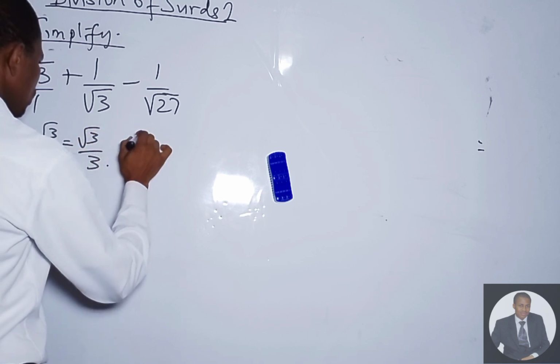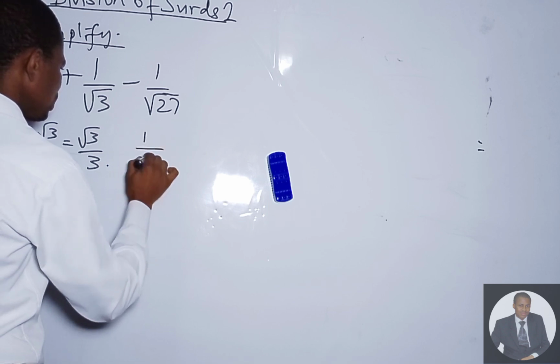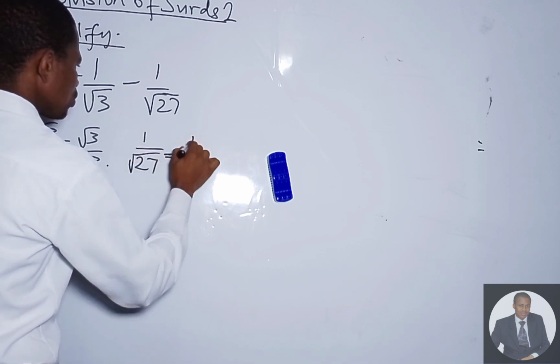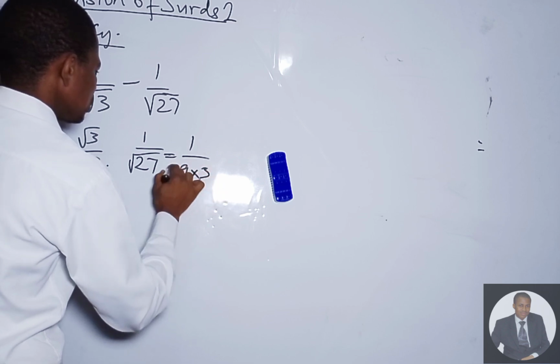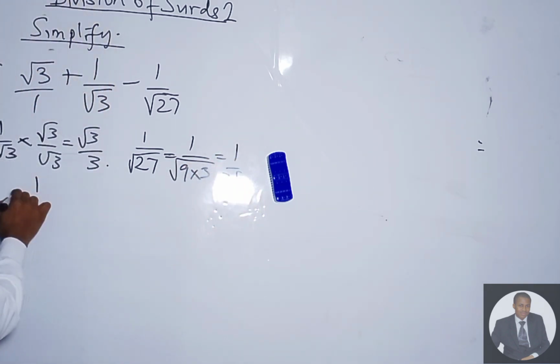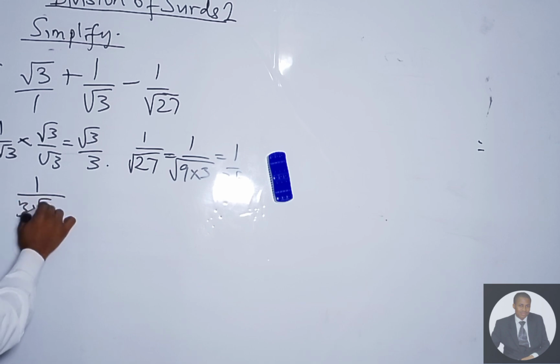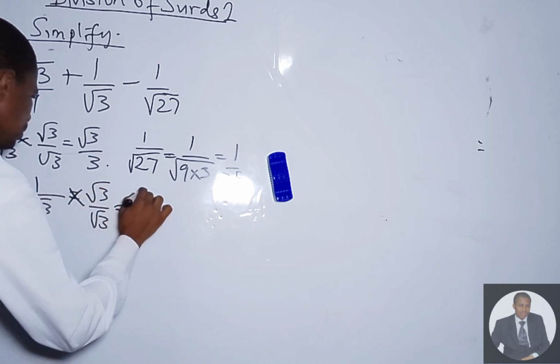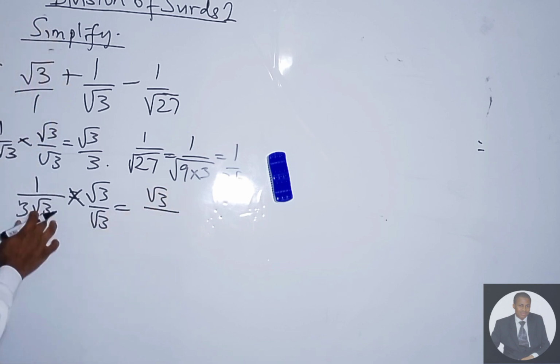While root 27 is the same thing as root 9 times 3, that's 3 root 3. So 1 over 3 root 3 is the same thing as saying root 3 over root 3 times 3 root 3, that is 3 times 3, 9.